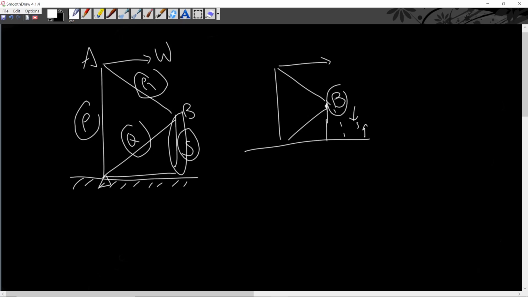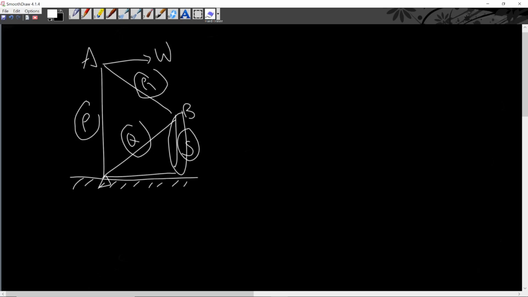And if you just continue applying similar things to the other members, like say there wasn't an R, right? We'll try and draw this. Say there wasn't an R, we have this kind of a structure.